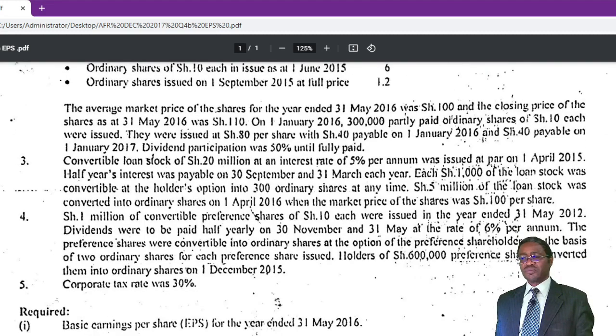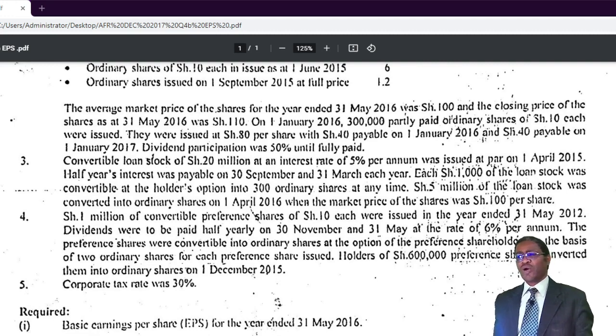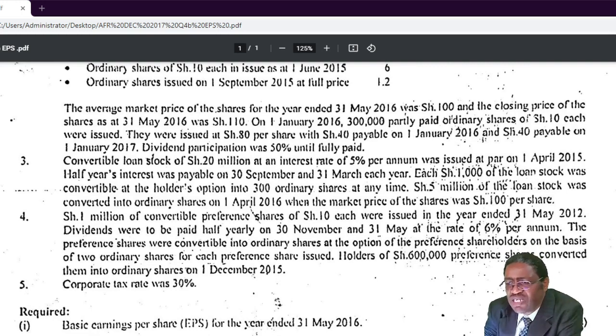Number 3, convertible loan stock of shillings 20 million at an interest of 5% was issued at par on 1st April 2015. Half of the year's interest was payable on 30th September and 31st of March each year.